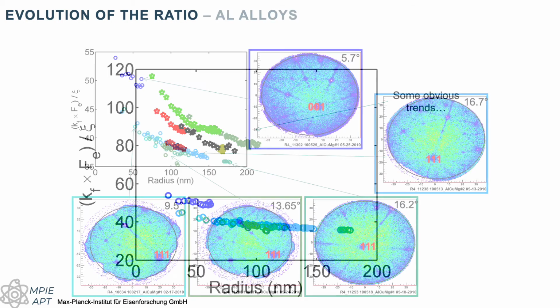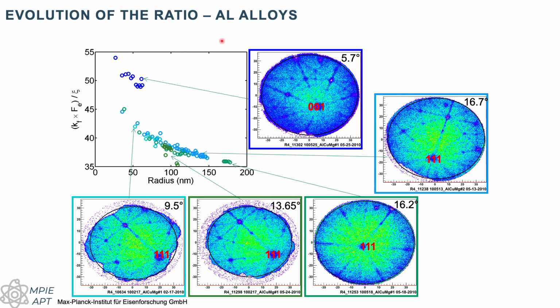If we look first just at the aluminium, we looked at the shank angle that we could measure from these specimens by looking at the way the radius evolved over the course of the analysis, and there's no real easy trend to be found there.